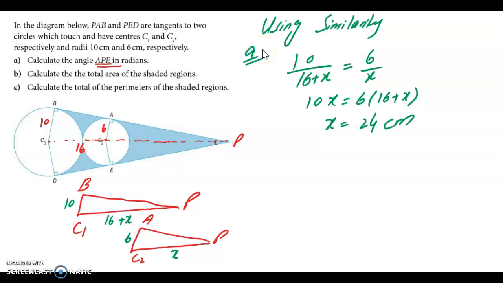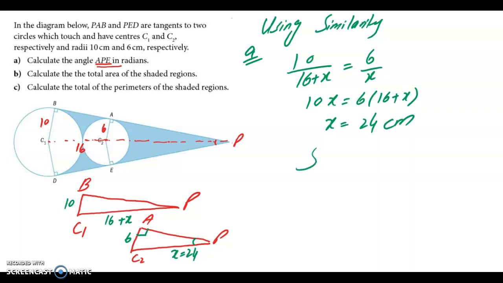Now we know this length is 24 centimeters, and since this is a right angle triangle, we know two sides. First, let's find this angle APC2. We can apply trigonometric ratios. Here we have the opposite and the longest side, the hypotenuse, so we can use sine theta.